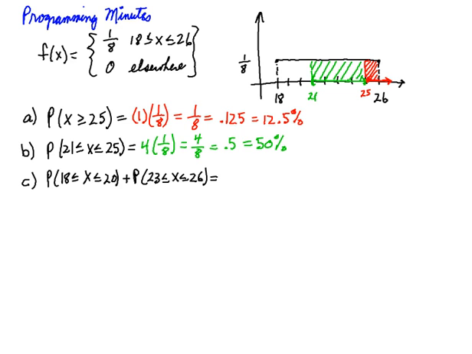So 18 to 20 would give us this area, 18 to 20. And 23 to 26.